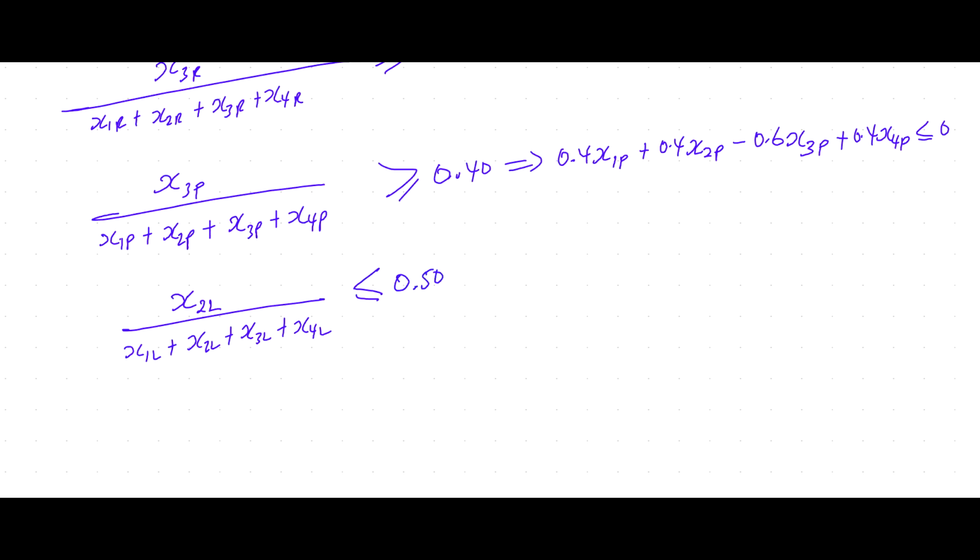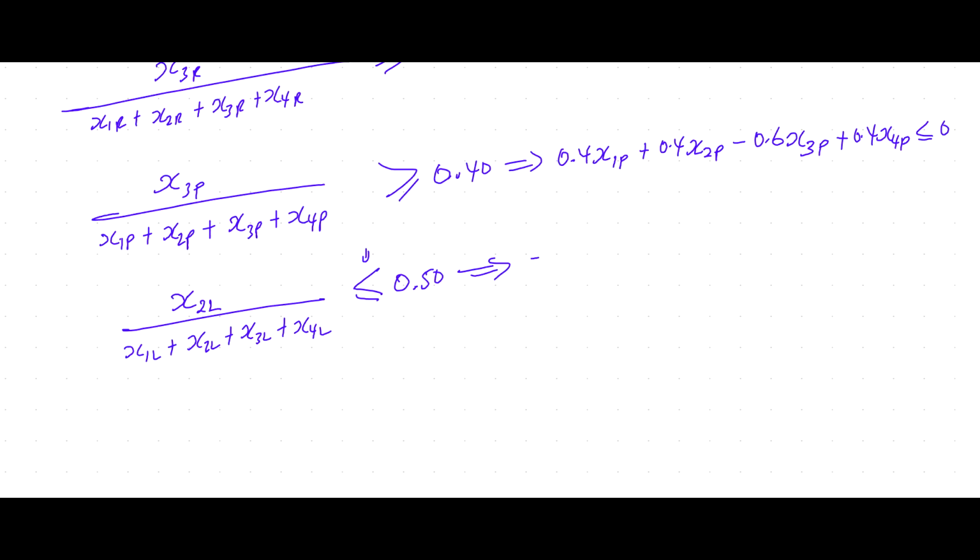It already is in a general form of the LP. So if we work things out, there is x2L, so that's 0.5, so it's positive 0.5.